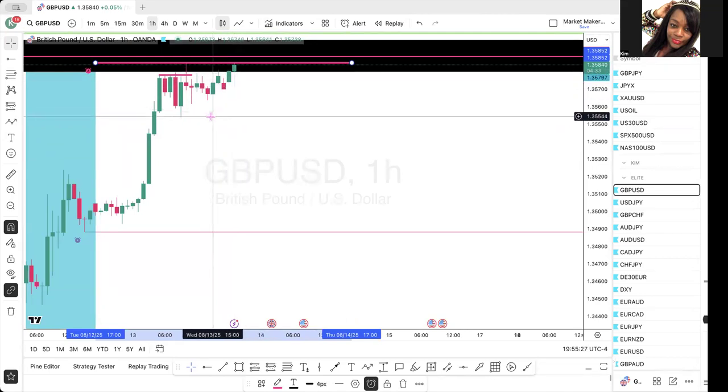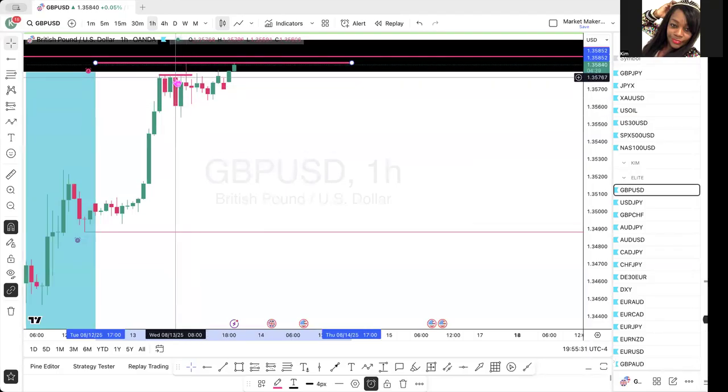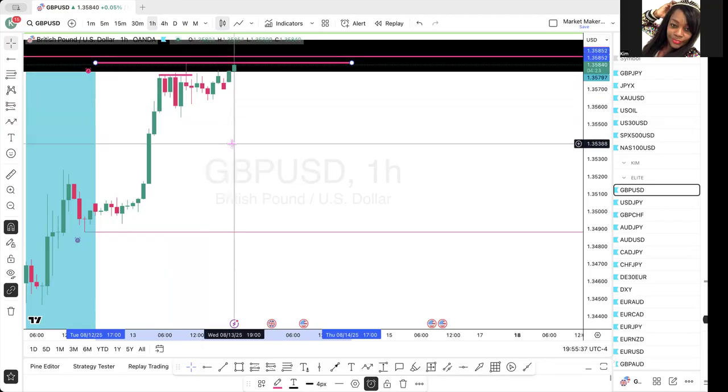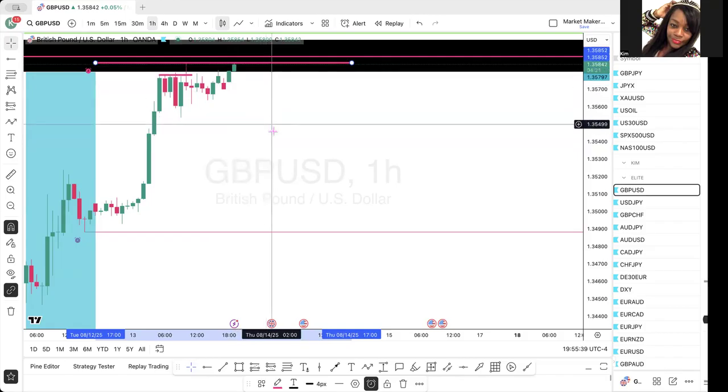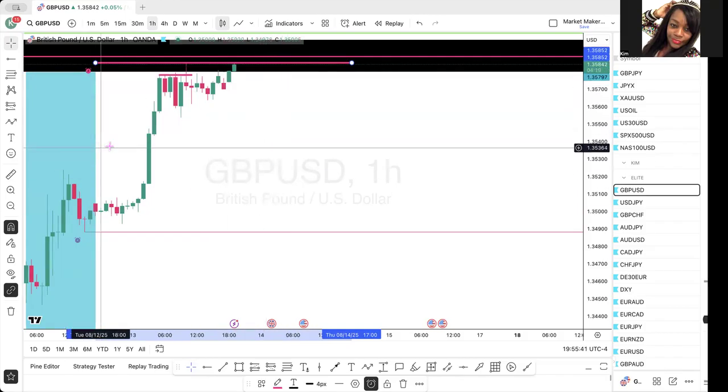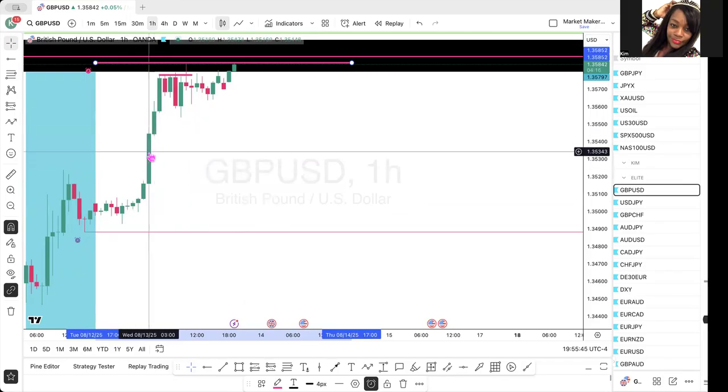I'm not taking a sell until price shows me what it wants to do. So it has to either break above, close candle, shift structure, then I'll get in on the pullback to sell it down. And once I get on the pullback to sell it down, I'm not even worried about these order blocks. I mean, these imbalances.